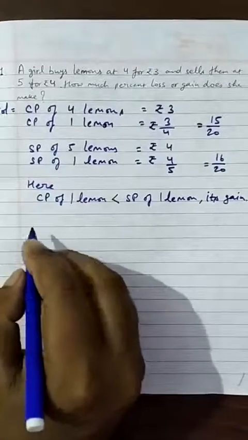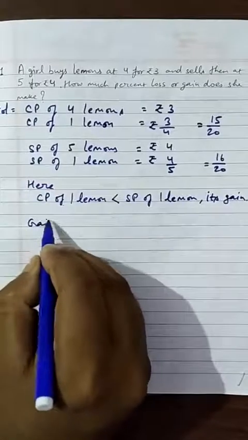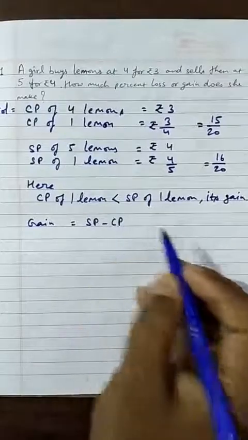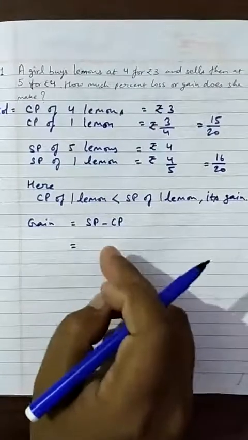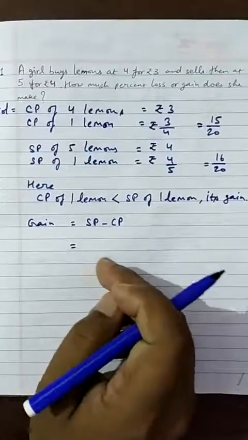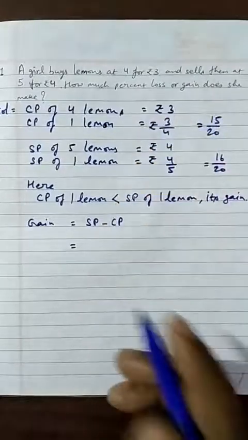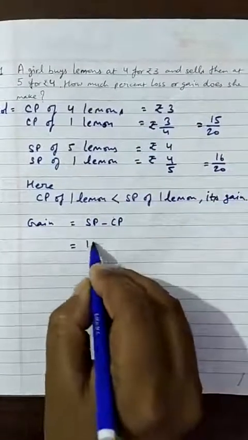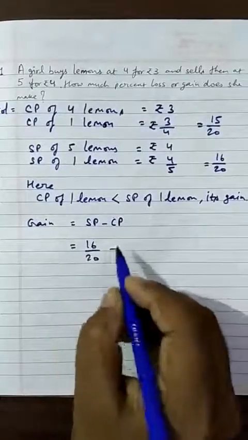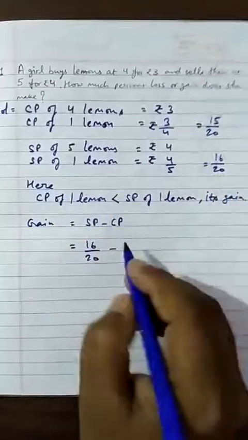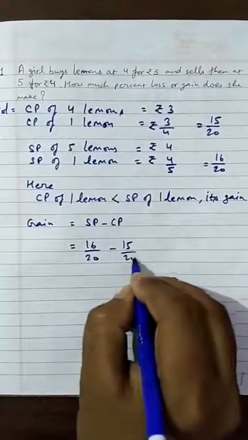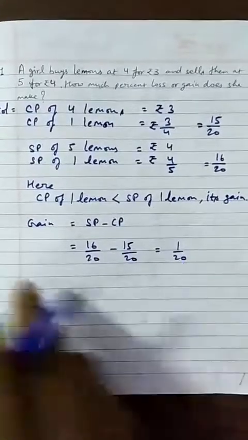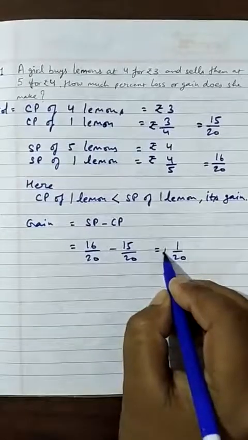So the formula for gain is SP minus CP. Now we will do the calculation on the basis of one lemon only. Okay, so selling price of one lemon is 16 upon 20 and the cost price of one lemon is 15 upon 20. It gives you 1 upon 20 rupees gain.